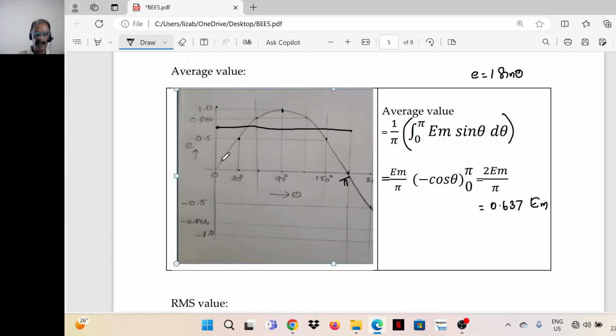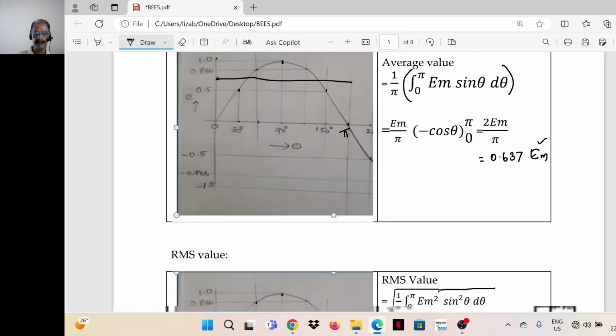That means at different instances, the induced EMF has different values, but if we consider a half cycle, we can find the average. So the average value is 0.637 times the maximum value.